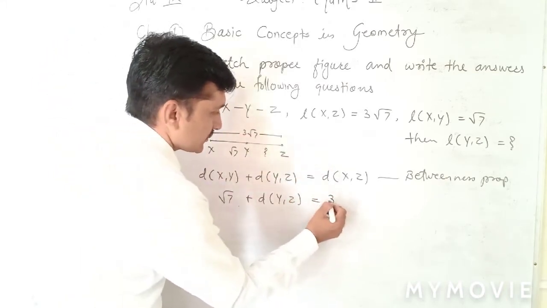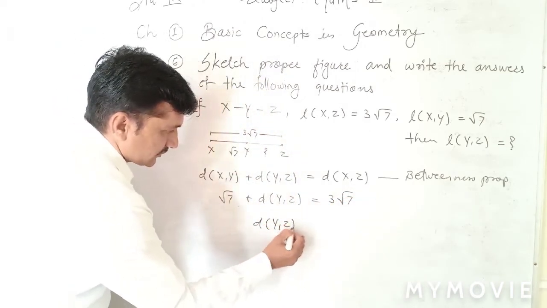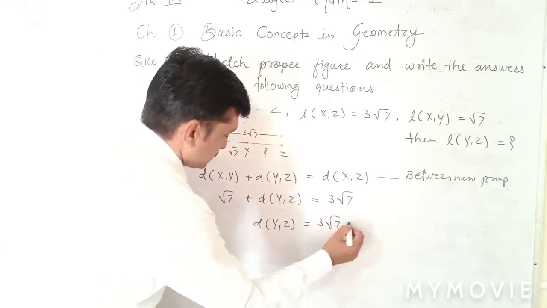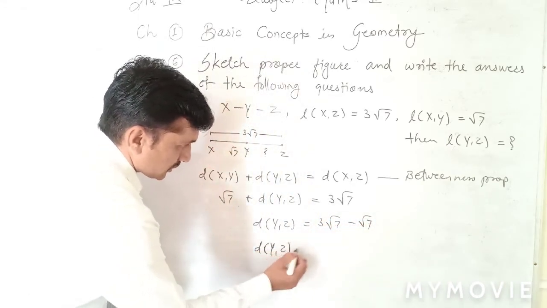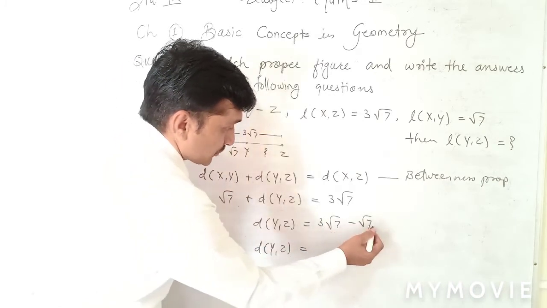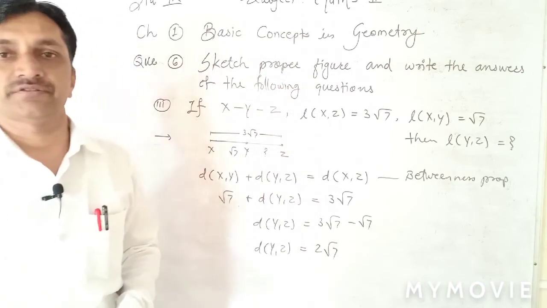XZ is 3 root 7. Transfer. Distance YZ is equal to 3 square root of 7 minus square root of 7, and therefore distance YZ is 3 square root of 7 minus 1 square root of 7, which is 2 square root of 7. This is the distance.